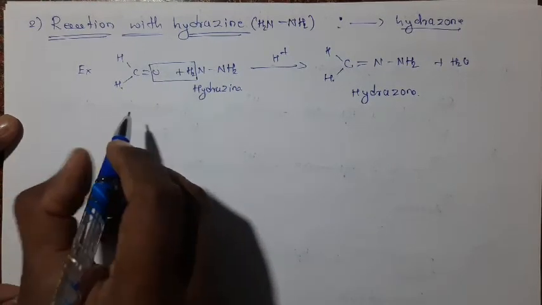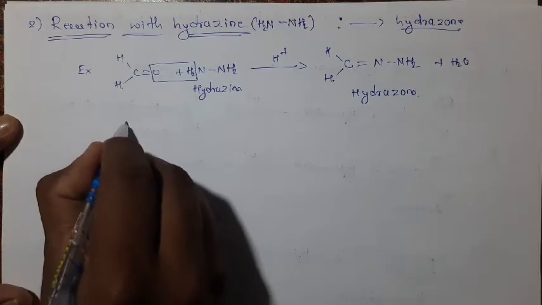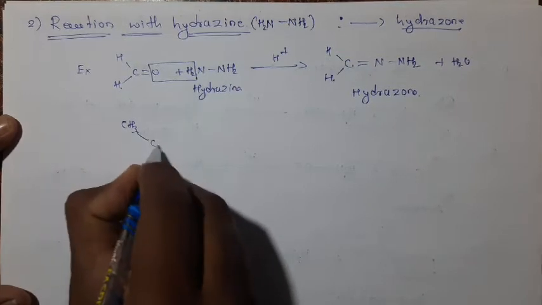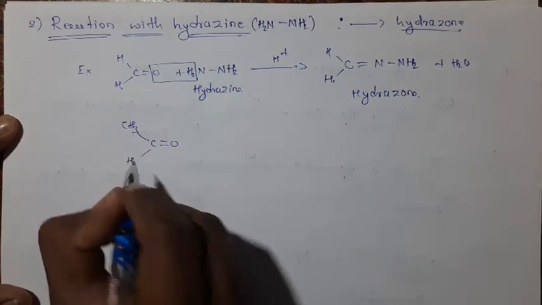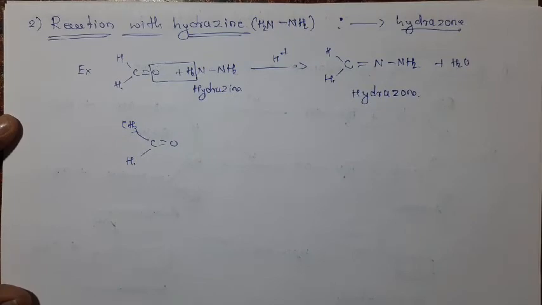If we take another example, instead of formaldehyde, CH3 C double bond O H, this is our acetaldehyde.